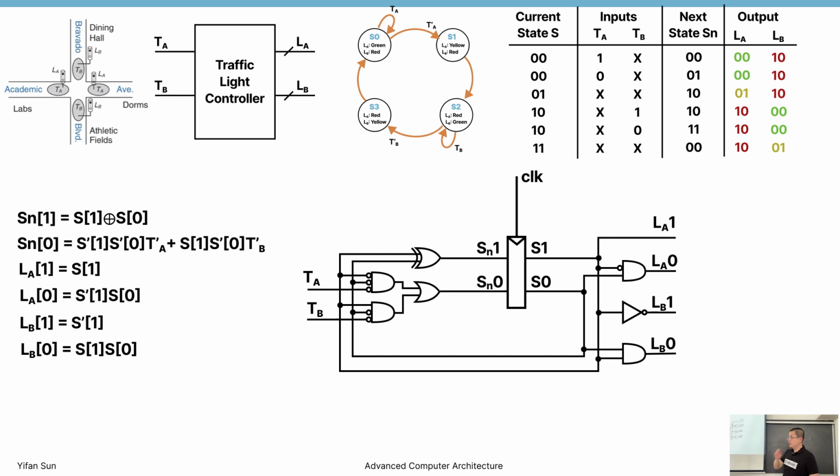Okay. So this is a very simple example of how we convert a problem into states and eventually into a circuit that implements this logic. It's a little bit oversimplified. For example, we didn't say how long the clock cycle is and how exactly the sensor works.